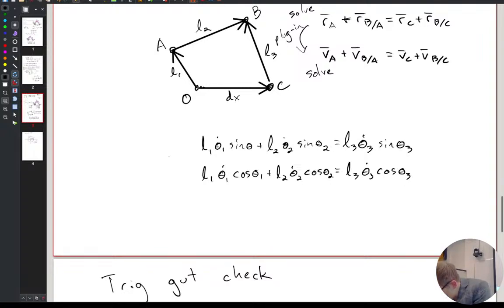This is like our Vx components and our Vy components. If I think of how fast point A and point B are moving relative, point C and point O have to have zero velocity. So we're looking at how fast A and B are moving from O and C respectively. Their x components have to add up to 0 because the total system is not moving.